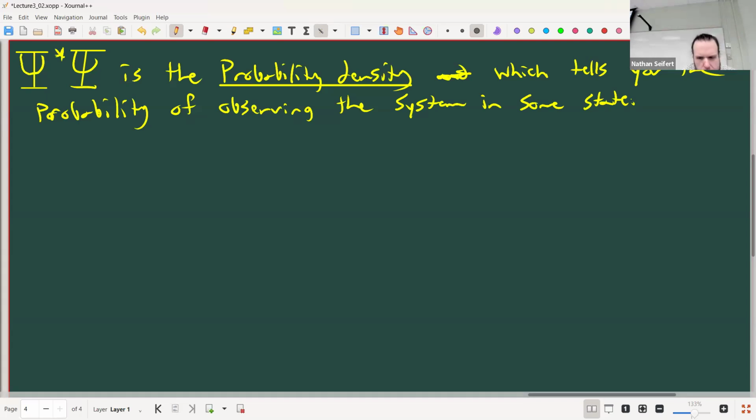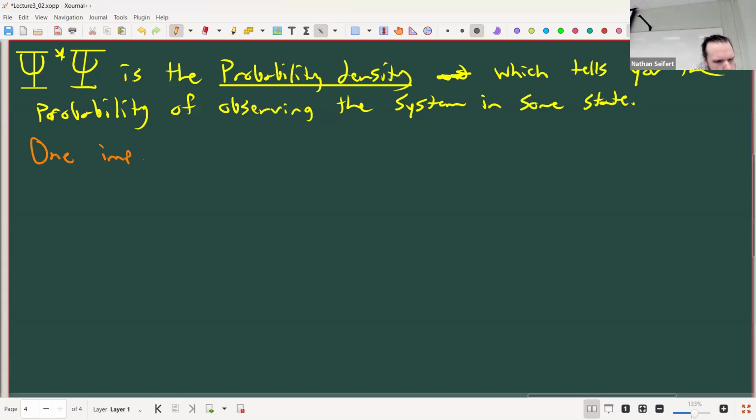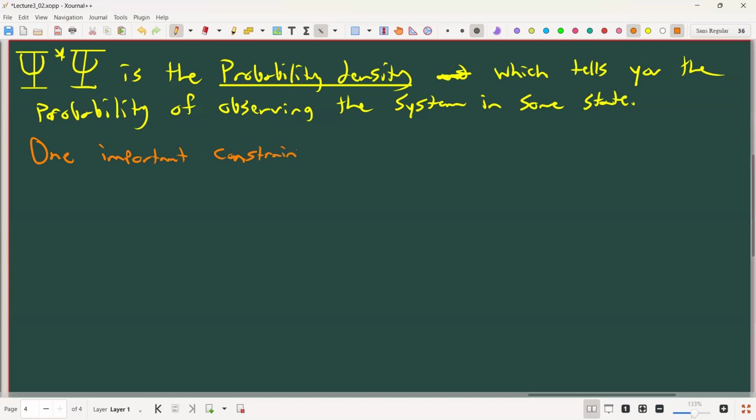All right, and so therefore, there's one important constraint. If I look at the probability in one little small subsection of the box that I drew, it's some number. I may have a 0.1% chance of seeing an electron in that box.